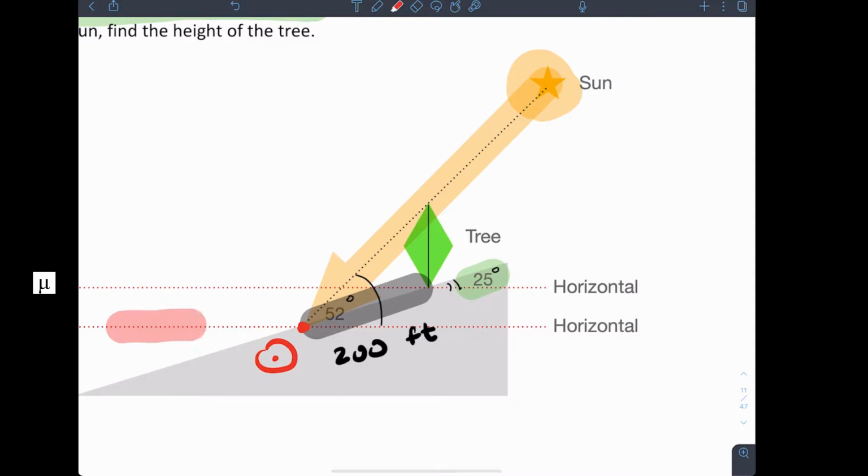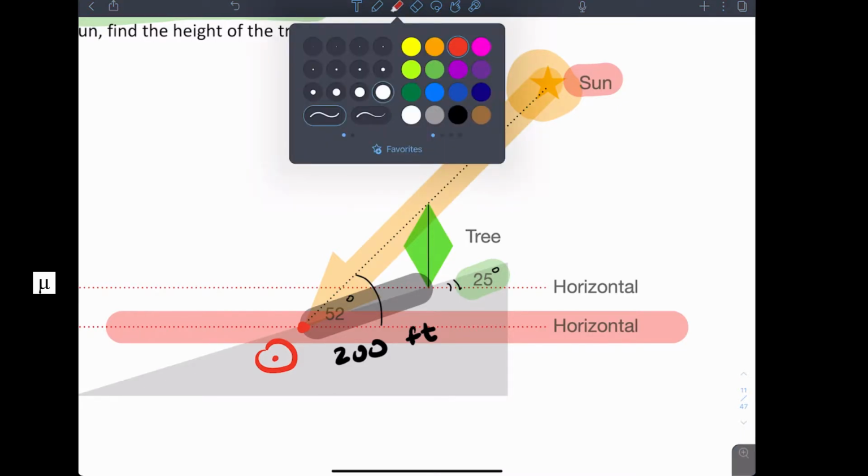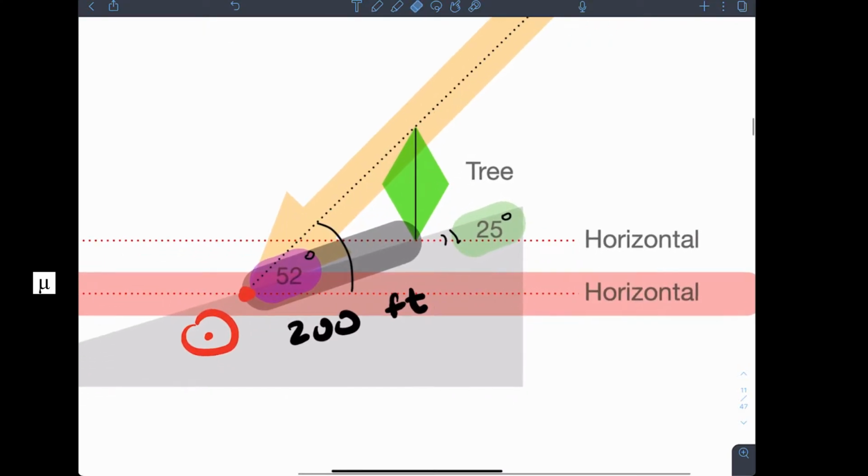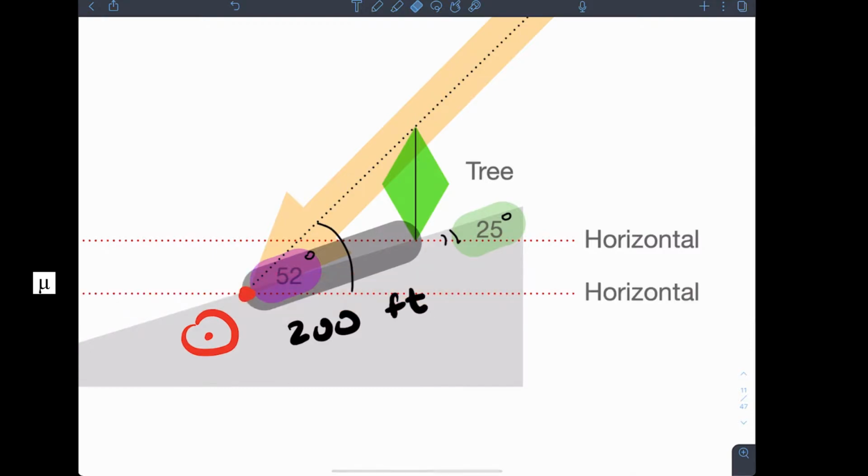The horizontal to define the angle. Without it, here's the object. So this should measure 55 degrees, because that's where your eyeball is. It's an angle of elevation.